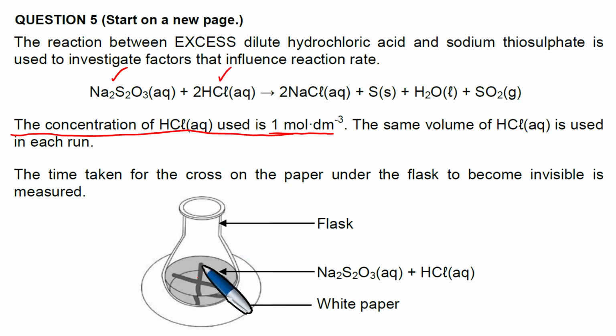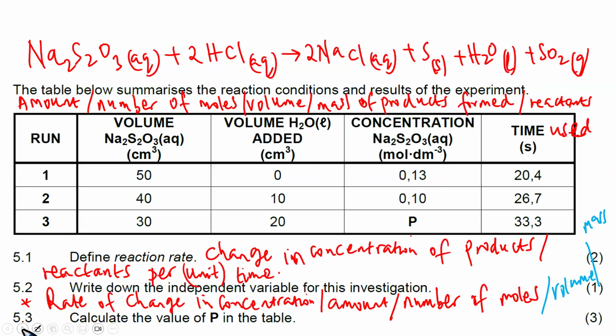Now the question is, how do we see the independent variable in this case? The HCl is fixed, but we continue to use this flask, such that in run 1 the volume of the sodium thiosulfate is this.